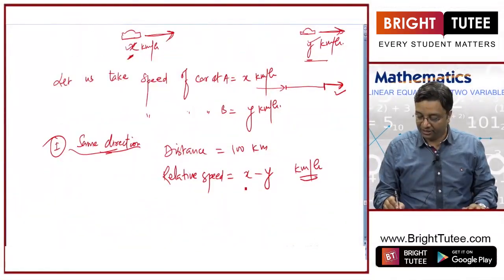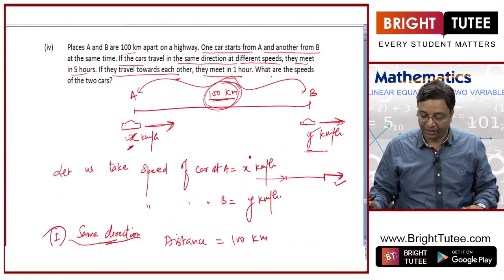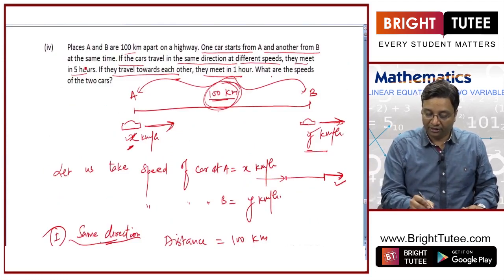So, this x minus this y will be the effective speed that is used to cover this gap. So, x minus y is the effective speed to cover this distance of 100 kilometers when they are traveling in the same direction.